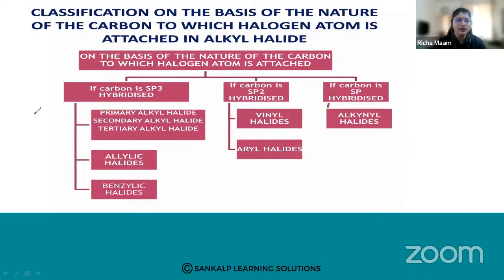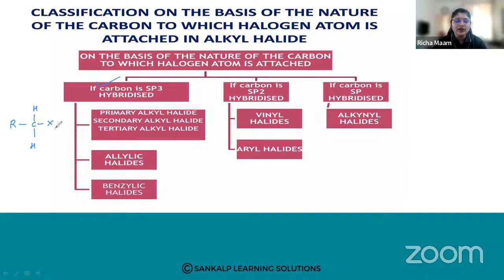So on the basis of the nature of the carbon to which the halogen atom is attached, first we are discussing the carbon if it is sp3 hybridized.